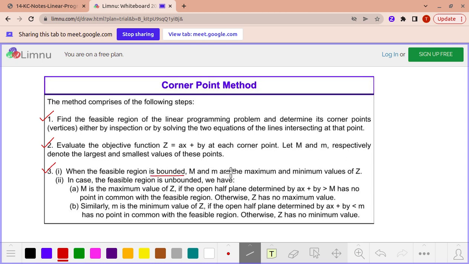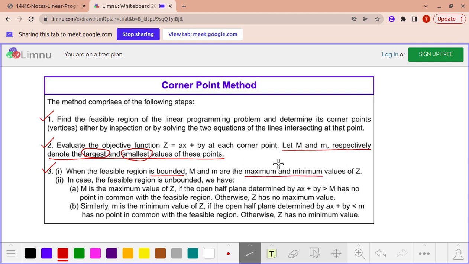uppercase M and lowercase m are the maximum and minimum values of z. You see, dear students, in step 2 we assumed uppercase M and lowercase m respectively denote the largest and smallest values of these points. There we defined largest and smallest, but here we are saying maximum and minimum.